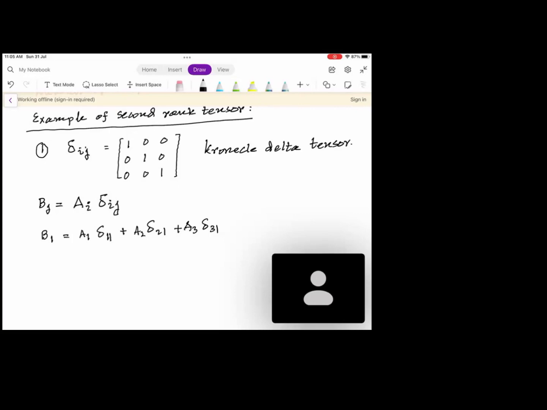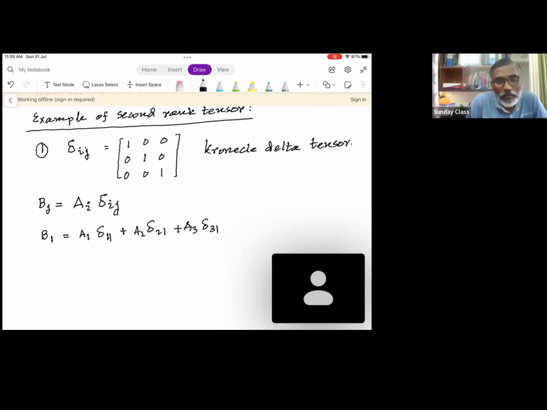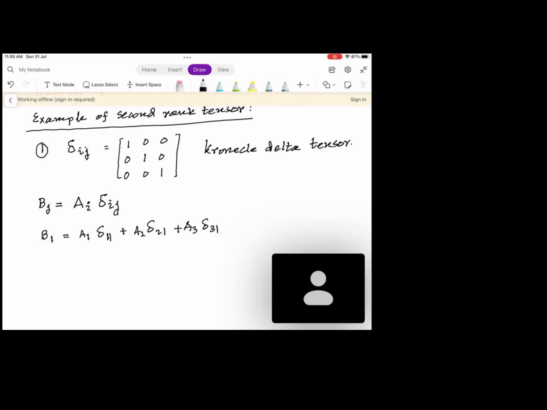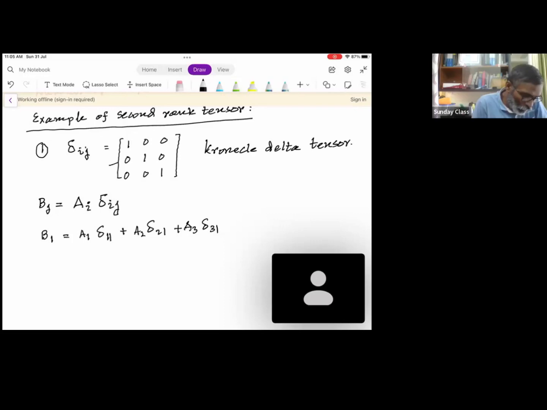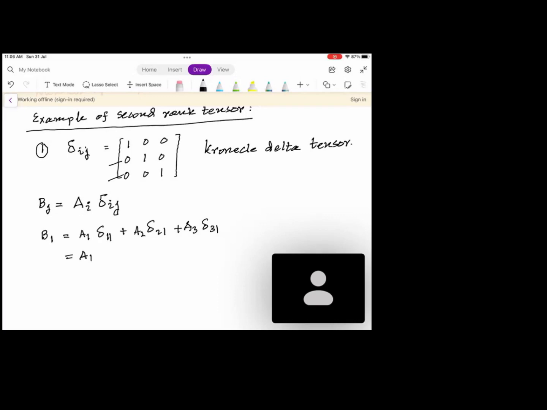So you notice here that delta 21 and delta 31 are 0. So this is equal to a1. Now if you take b2, then what will you get? b2 is equal to a2, right? Yes, sir. And b3 is equal to a3.